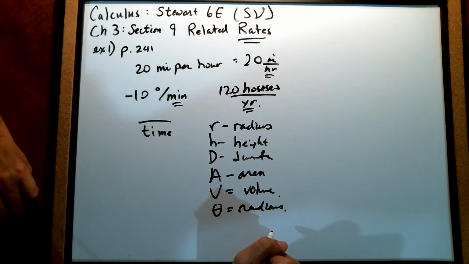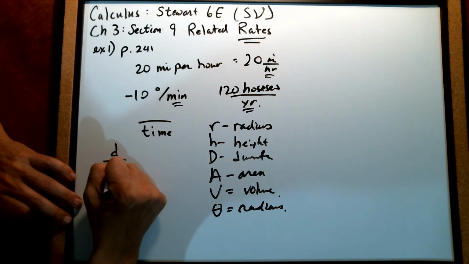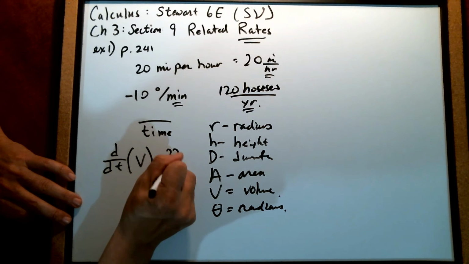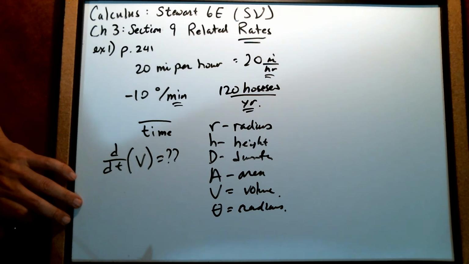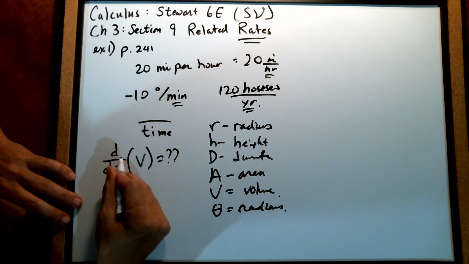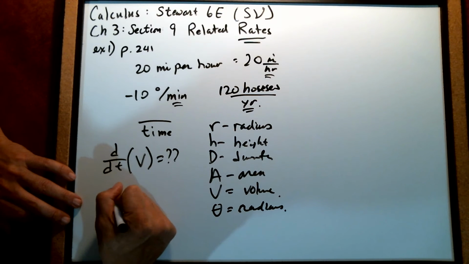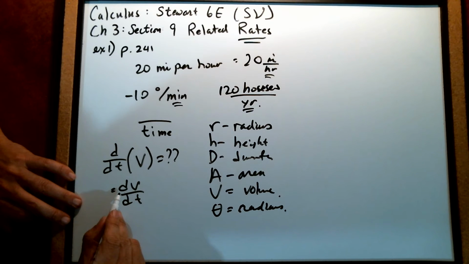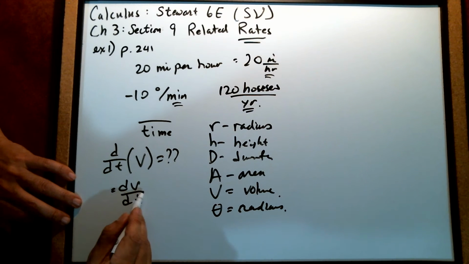So if I take the derivative with respect to time of V, what do I get? It's very simple. I just put the V on top, and end up with dV/dt, the instantaneous change of volume with respect to the instantaneous change in time.